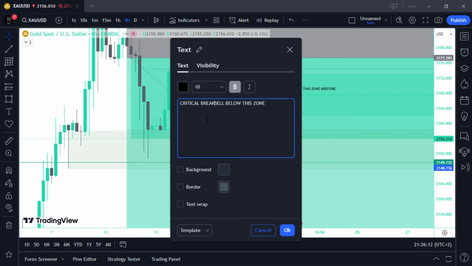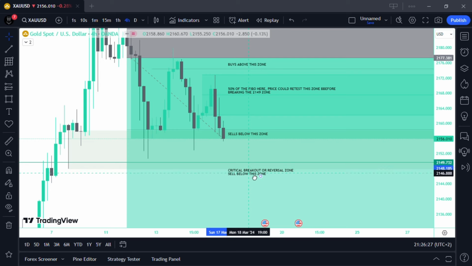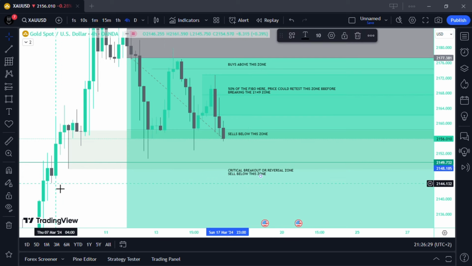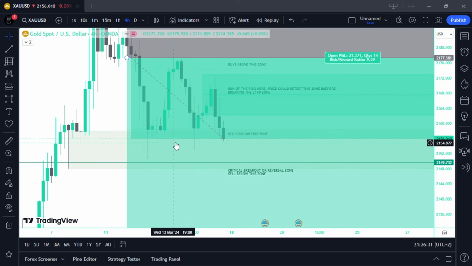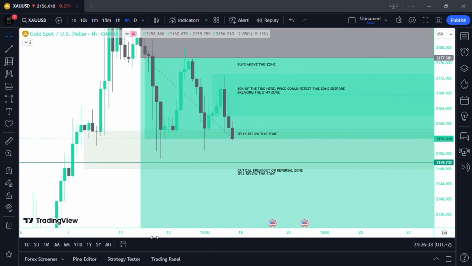Now the other thing we are going to look at basically is, I have left a few illustrations. I normally mark out the daily open and the daily closing candle of the previous day to serve as my buying entry point and the sell below zone.